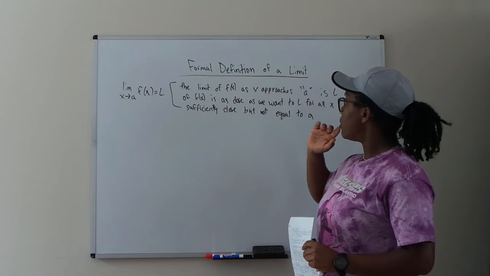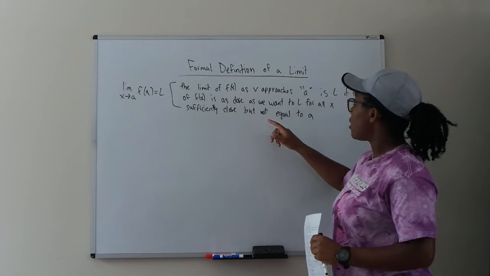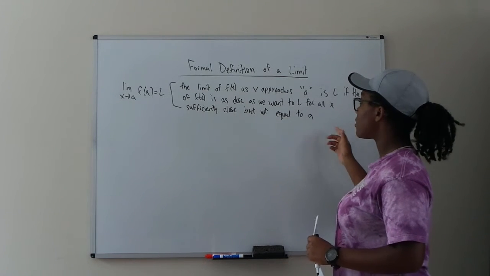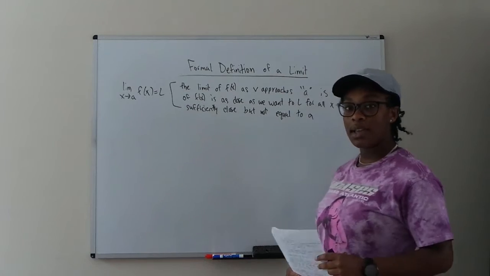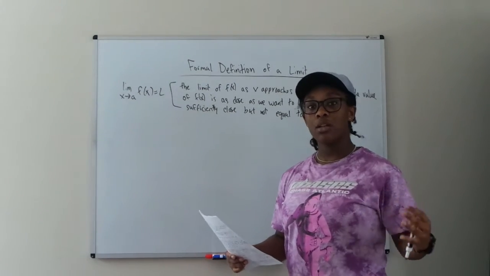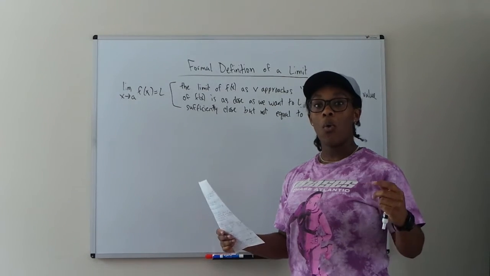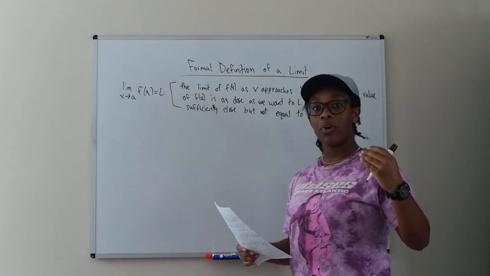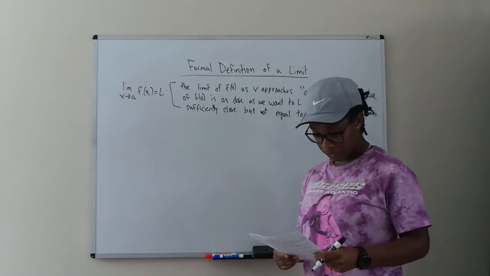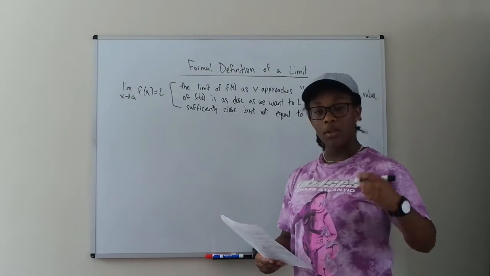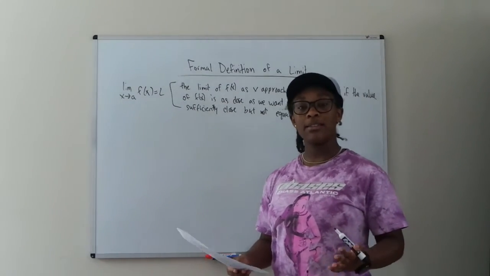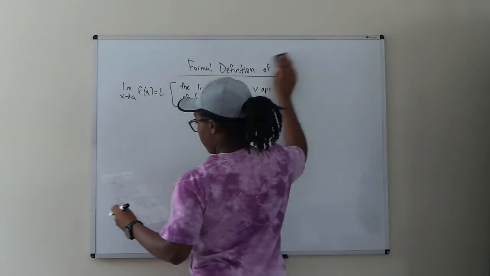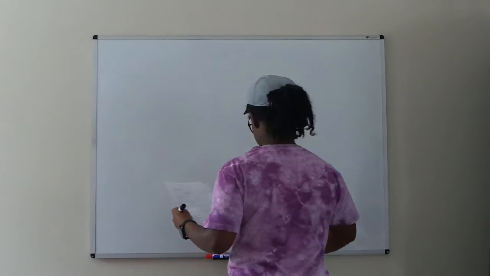It's saying that as we get closer and closer to the value we're looking at, we want f of x to be as close as we want to L. But with all things in math, close enough and near and things like that you might see in your textbook aren't precise mathematically, which brings us to the epsilon delta definition of a limit.